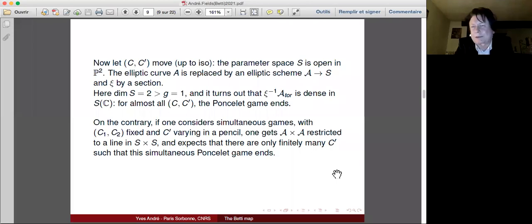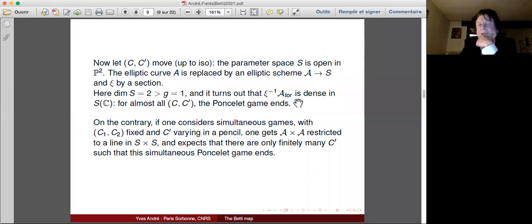In this case, when you move your conics on the parameter space S, the elliptic curve A from before is replaced by an elliptic scheme A over S, and the point xi is replaced by a section. But in this case, the dimension of S is 2, and 2 is bigger than g, which is 1.